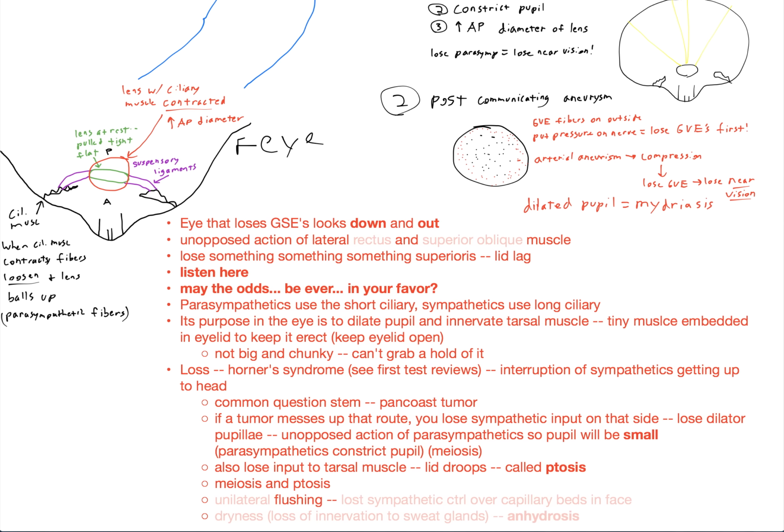Because you've lost your sympathetic control over your capillary beds in the face. So all the blood is brought up to the face. So that side of the face is flush, it's bright red. And you've lost the input to your sweat glands. So it's a dry face. We call that anhidrosis. Hydro, water, and no water.